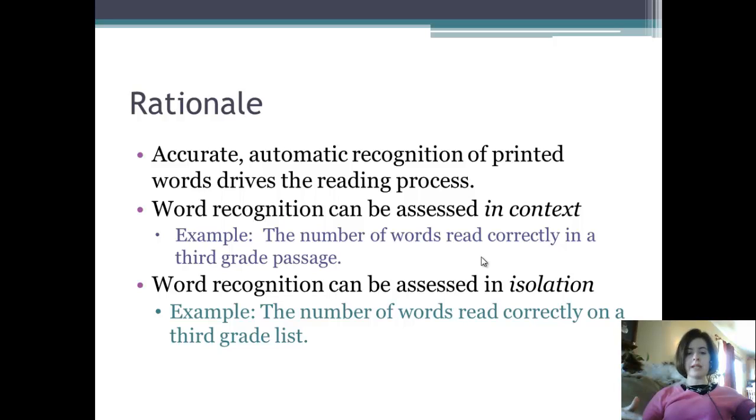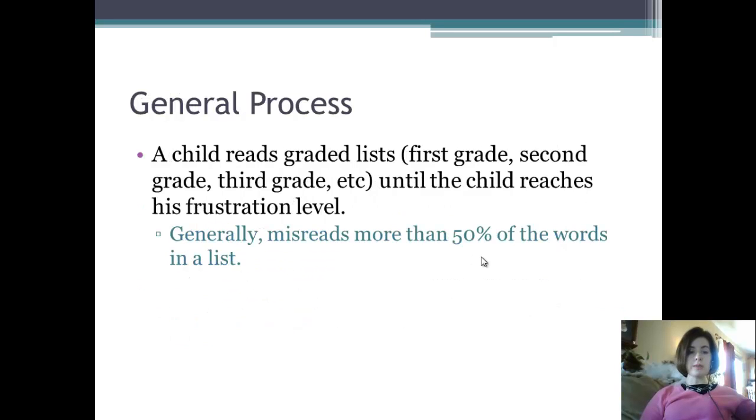Here's the example of that. The number of words read correctly on a 3rd grade word list. That would be assessing the number of words the students can read in isolation. But regardless of in context or in isolation, we want to know if students have good word recognition skills.